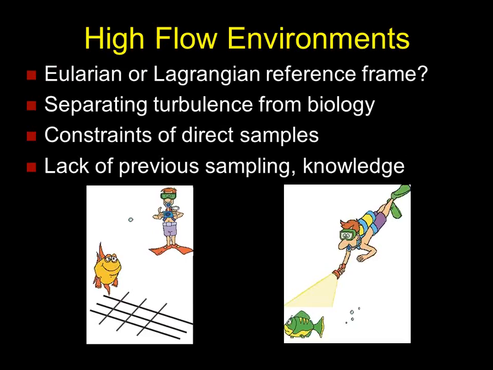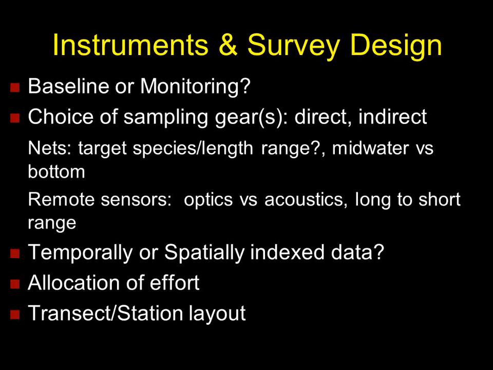Trying to use a net or some sort of pump or scooping device is going to influence how you sample, when you sample, and if you're getting representative samples. Finally, in looking at a particular site in these high-flow environments, we don't find a large historical collection of data on the community, on the constituents, and the knowledge of how the dynamics work. So there's a series of challenges going to these sites.